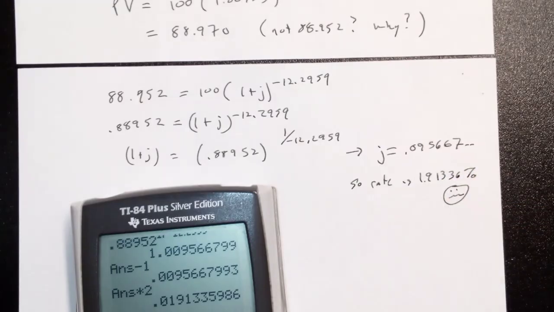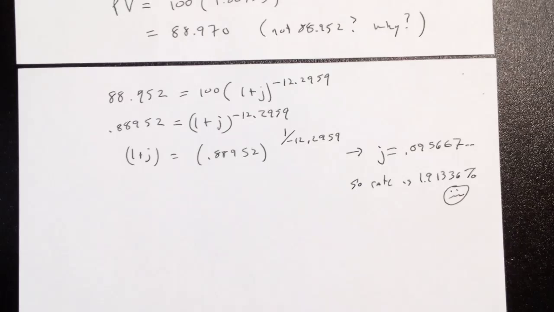The problem with 1.91 with 2 decimal place rounding is I could be half a hundredth of a point in either direction. Could be anywhere between 1.905 and 1.915. So there's a lot of range in there.